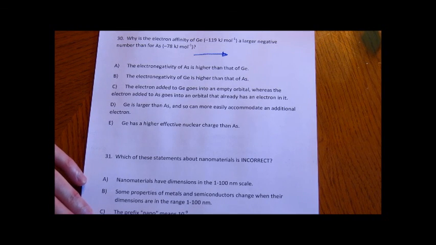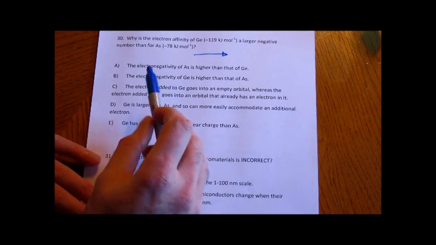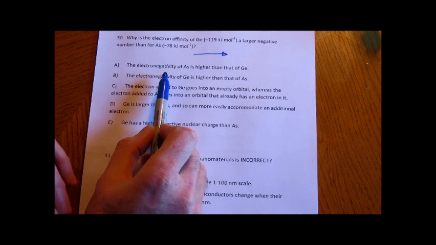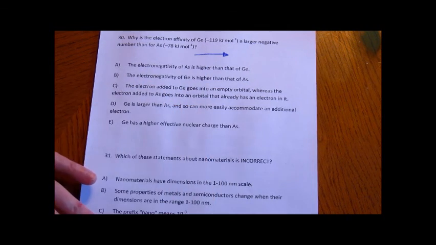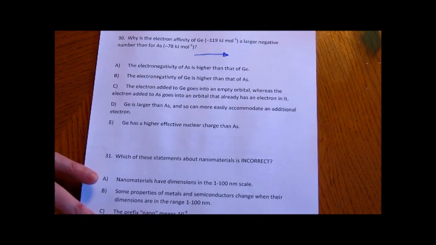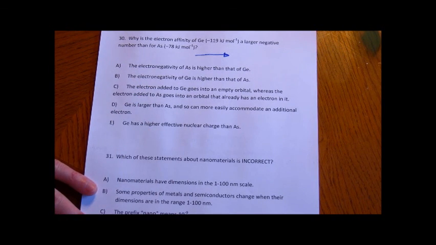So in the case of the electronegativities, these look like they're directly opposed to one another. The electronegativity of arsenic is indeed higher than that of germanium, but you would expect, that being the case, that arsenic should have a higher electron affinity, so that can't be the reason. This is just simply not true.